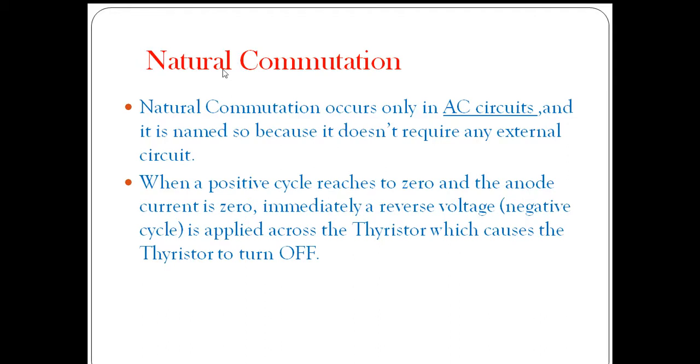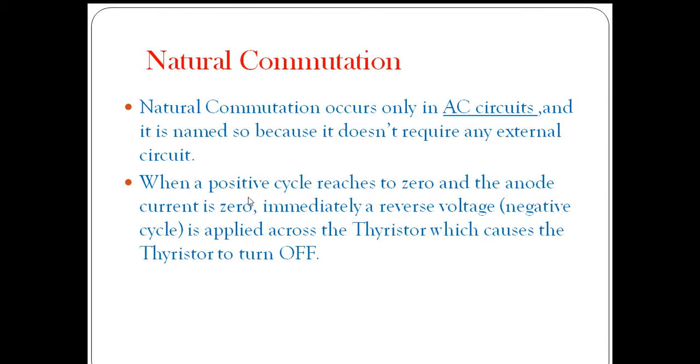Natural commutation. The natural commutation process is used in AC circuits. It is only applicable to AC circuits, as the supply has alternating current. Whenever the current passes through its natural zero at the end of every positive half cycle, the AC source applies a reverse bias across the device.